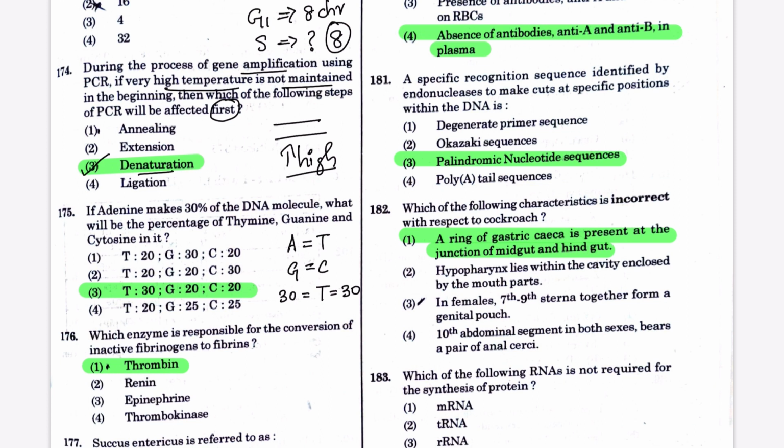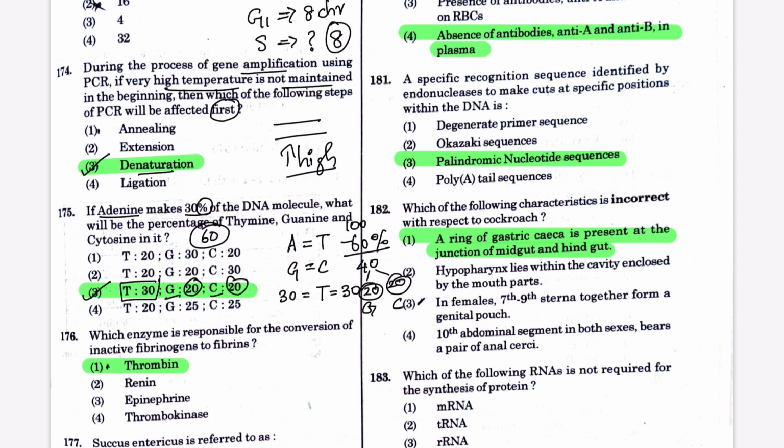So adenine 30 plus thymine 30, totally it would be 60%. Since they are telling in terms of percentage, out of 100, if I subtract 60, I get 40. Divide this 40 into 2, since we have guanine and cytosine, so I get 20 each. So guanine would be 20 and cytosine would be 20.